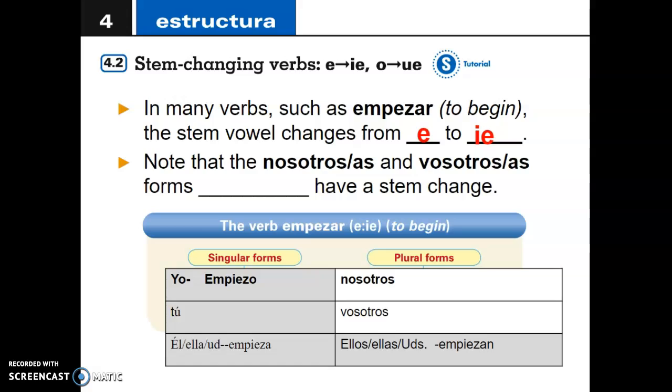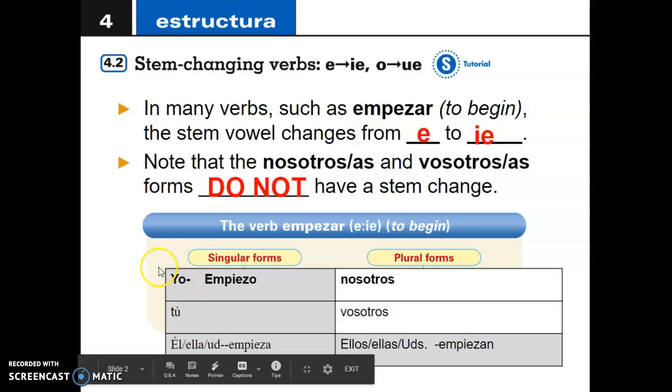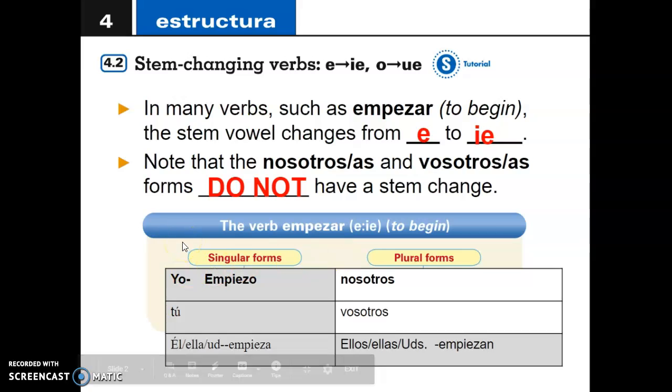Note that the nosotros and the vosotros forms do not have a stem change. This is important. This is actually why we call it a boot verb. Loosely, this looks like a boot. Last year my students said it looked like a butcher's knife. Whatever you remember this by is great.